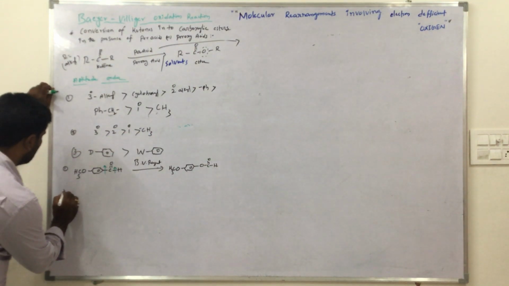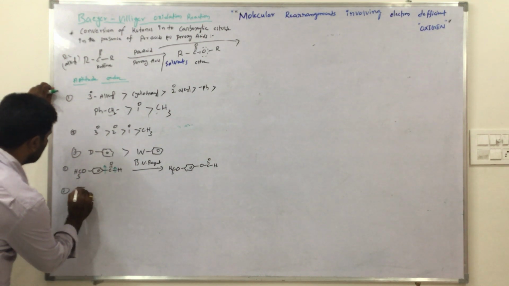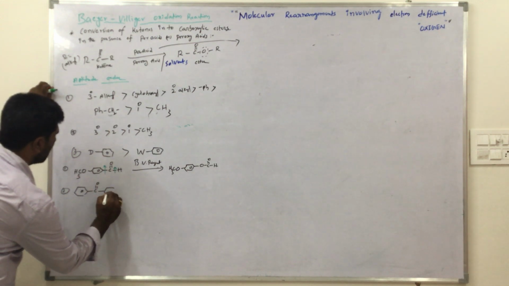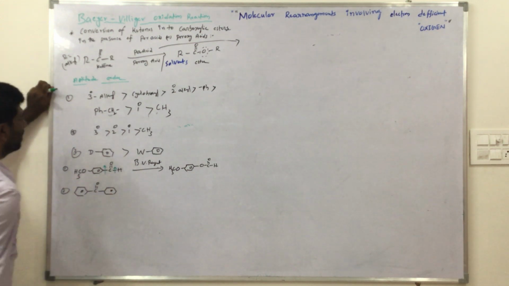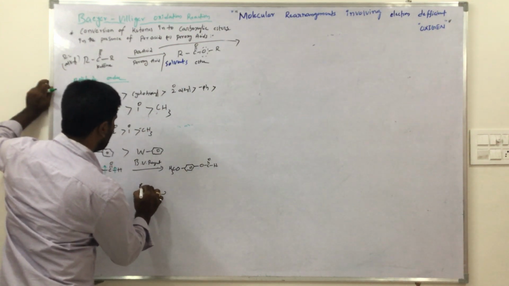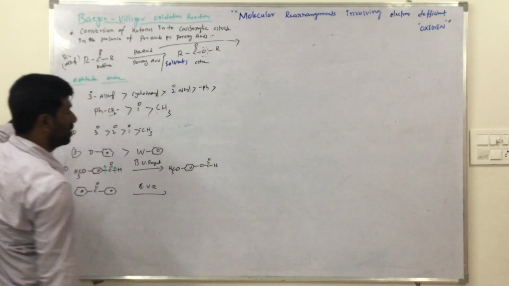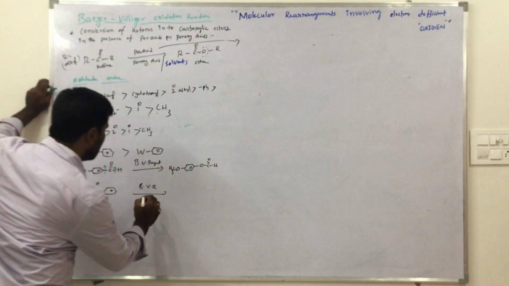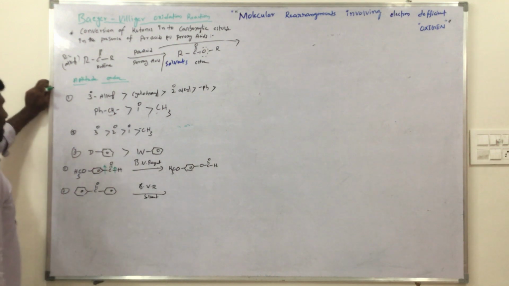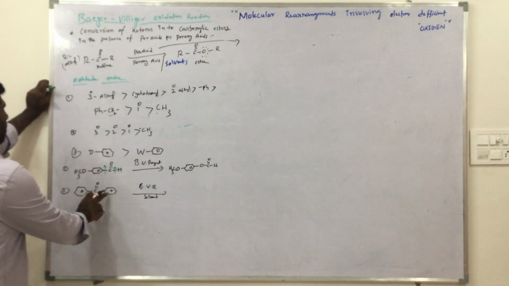See the second example. This is the benzene ring, phenyl group and C double bond O, and this is also a phenyl group. Now Baeyer-Villiger reagent and solvent also take part. Now here there are two phenyl groups.